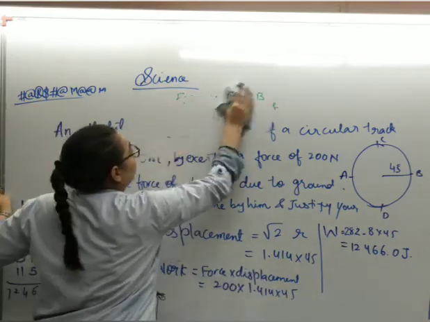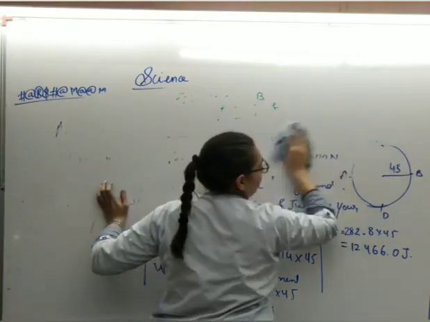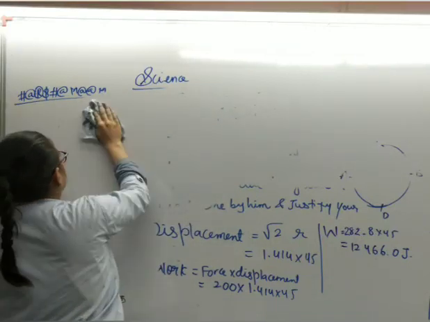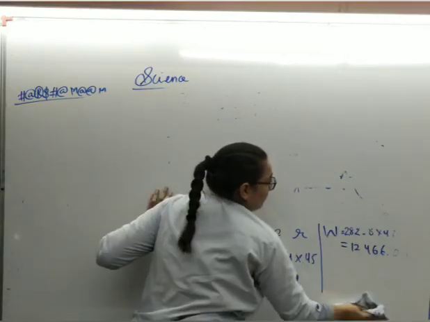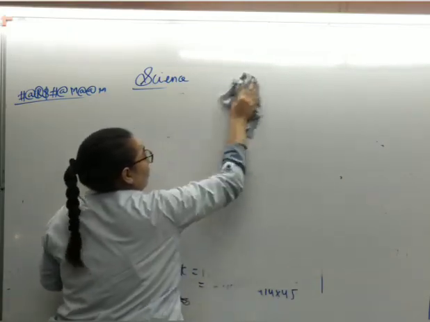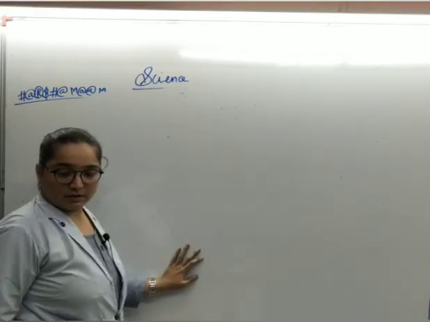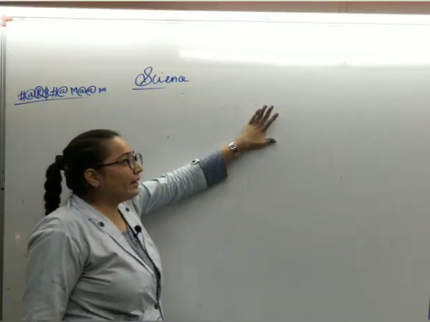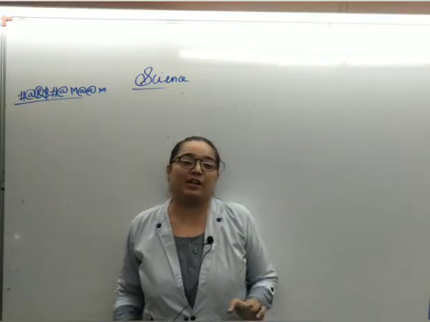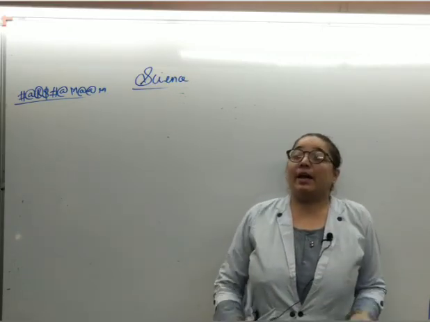Now we'll see one more numerical. Most of the time in the work and displacement questions, they give some kind of question in which by some means the displacement is 0, and most of the time students calculate it like in the circular part 1 in the same way.